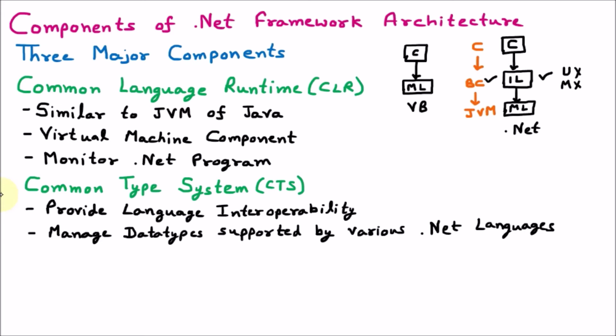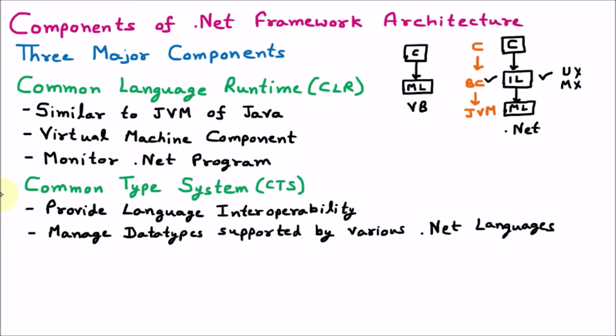Means whatever data types the different programming languages supported by .NET are using, that can be managed by the CTS. So CTS is responsible for all the data types used in the programming languages of .NET, and it makes them interoperable because they are using the same type system. That's why it is called the Common Type System. So this is the second major component of .NET.